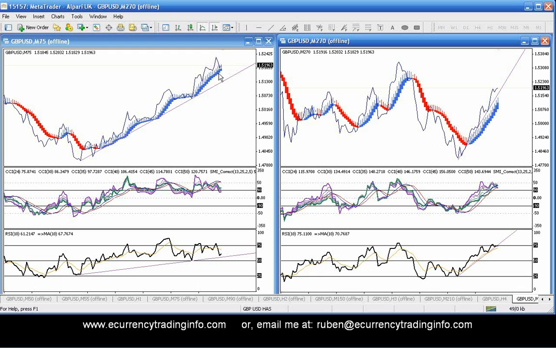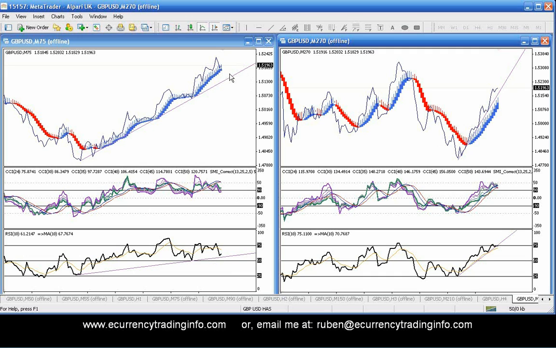So when the 75 minutes will change color, when this trend line will be broken, the RSI will break first before the price. That's just the way it is. The RSI trend line will break before this trend line. But it doesn't matter.